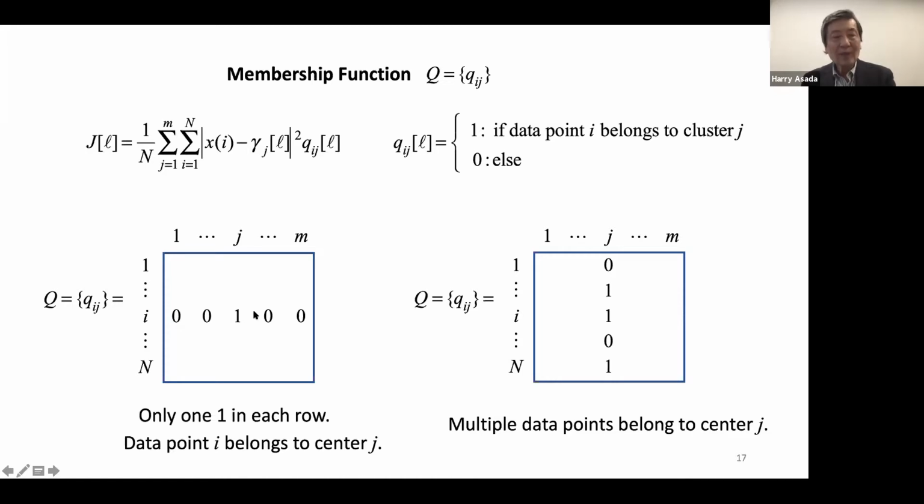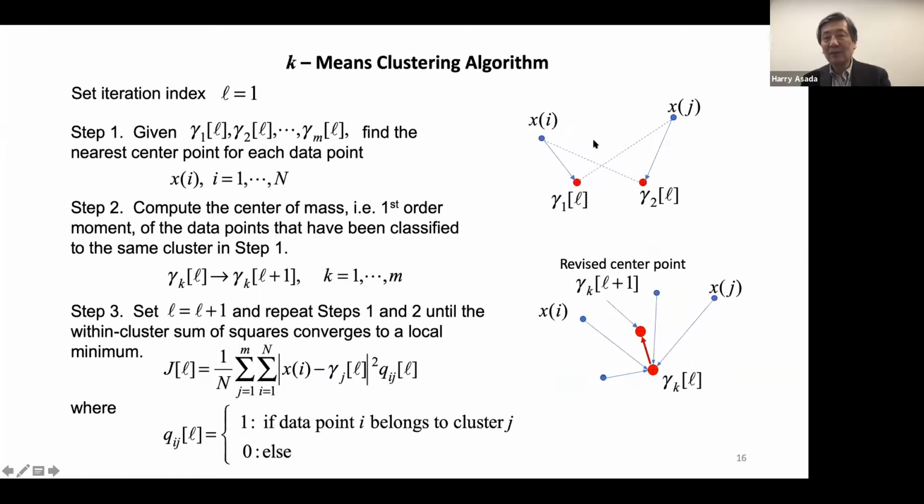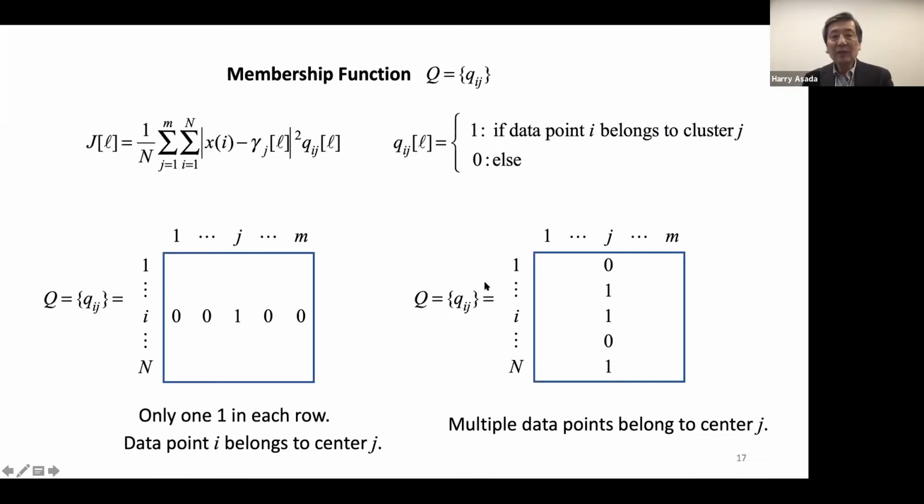So there is only one 1 in each row vector. That is the kind of map we create. As you examine the distances to decide which center each point belongs to, you keep the record this way and create this matrix.